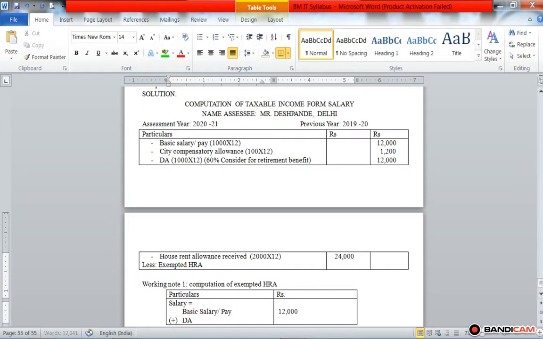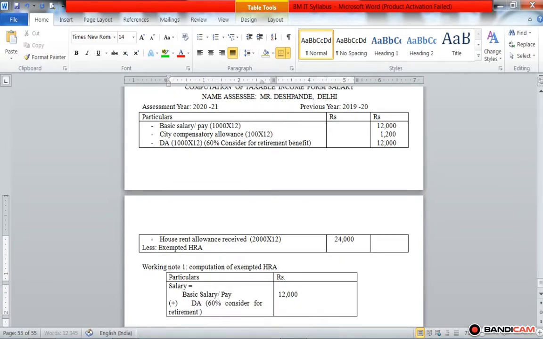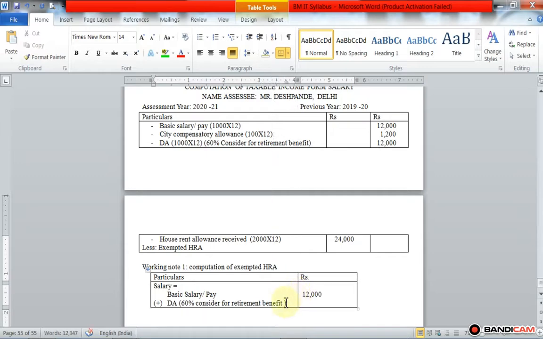Plus DA 60%. Got it? 60% is considered for retirement benefit. So only 60% is taken into consideration. Here we have to compute the total DA, that is 12,000 is the DA.